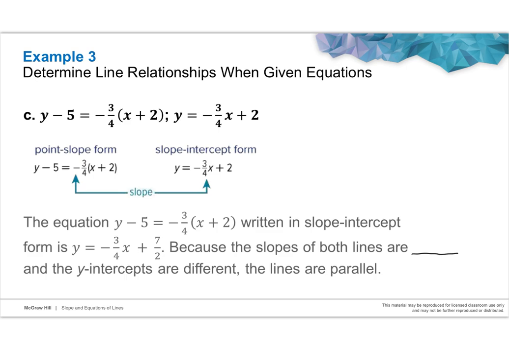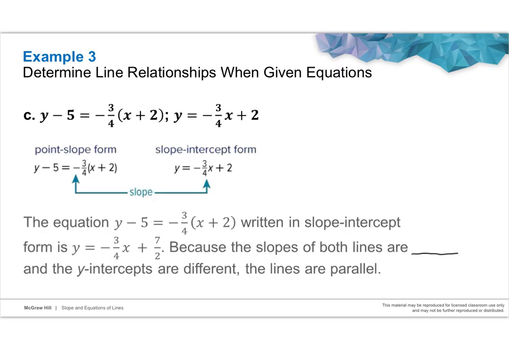In our third set of equations, letter C, we have y minus 5 equals negative 3/4 times parentheses x plus 2, and y equals negative 3/4 x plus 2. Again, one of these equations is in point-slope form, one is in slope-intercept form.